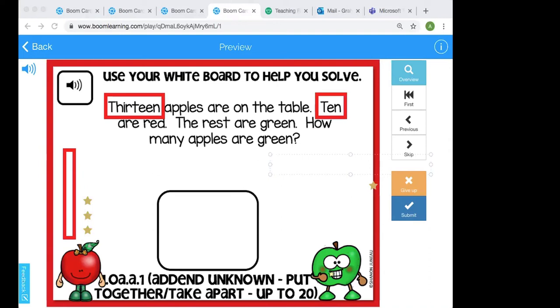Okay, so let's take 10 red apples away. Now let's count to see how many we have left. 1, 2, 3. So we know that 3 apples are green. So you can put your 3 in the box.